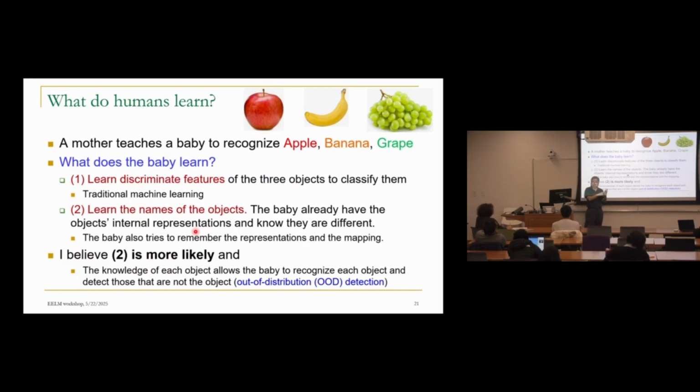Does the baby actually learn to figure out the features and compare everything, or does the baby already know they are different and is only learning the name of the object? My conjecture is that the baby knows they're different. The baby is only learning the names. They are not learning a classifier.